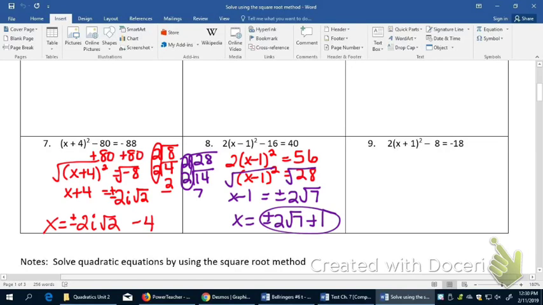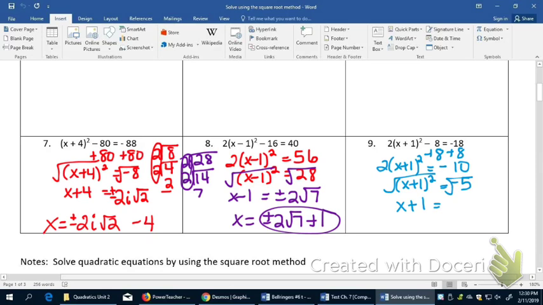Okay? Number 9. We're going to add 8 on both sides. Divide by 2. Take the square root.